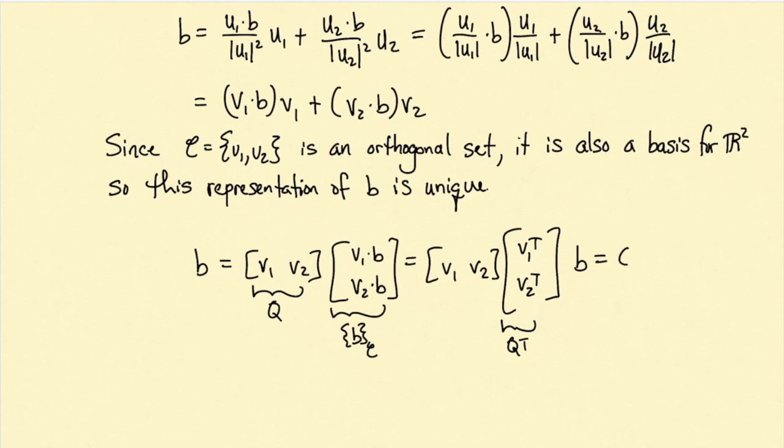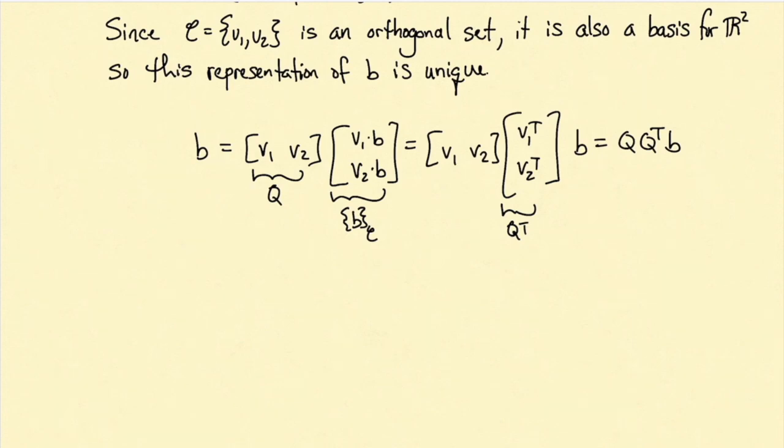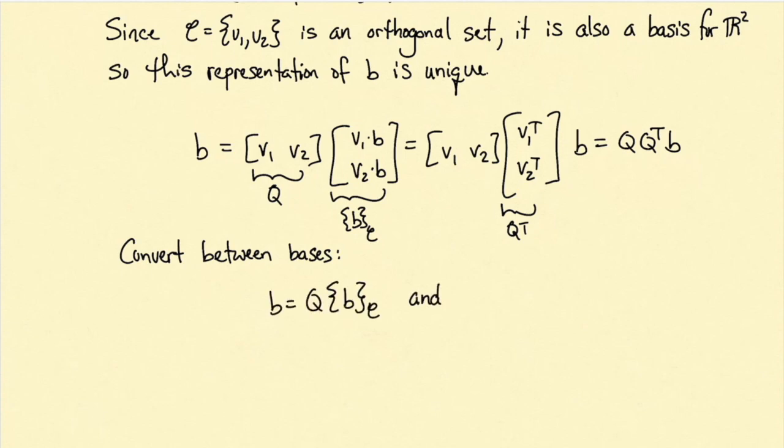So we can express b as Q times Q transpose b, where Q has the columns v1 and v2, our two unit vectors, which form an orthogonal basis. We can think about this as telling us that we can convert between the basis C and the basis E using these two matrices Q and Q transpose.